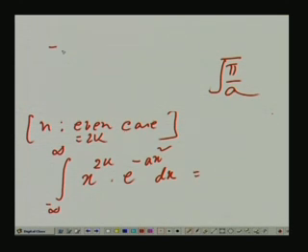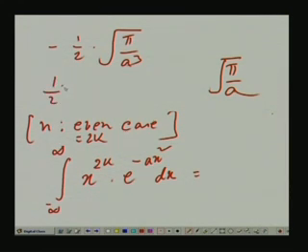But still I write 1 by 2 square root pi a to the power 3 by 2. Next time when I differentiate, then I have got 1 by 2 into 3 by 2, it becomes a to the power 5 by 2, because after all I have got a to the power minus 3 by 2 here.